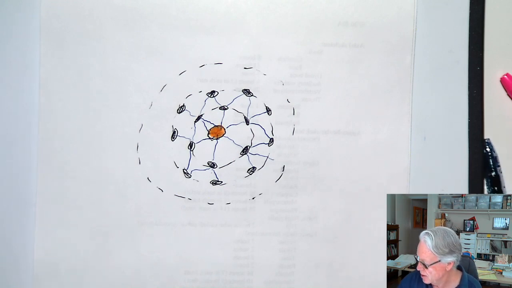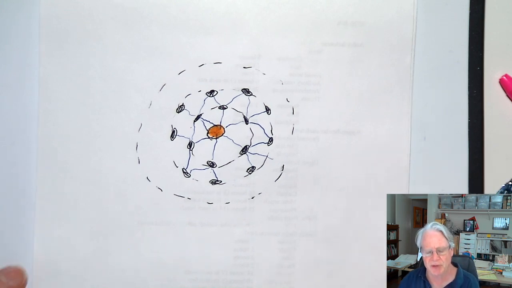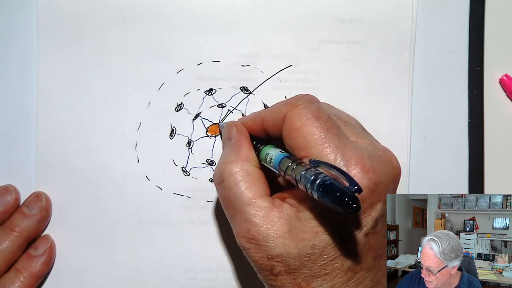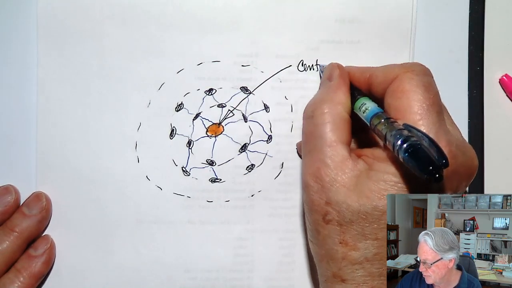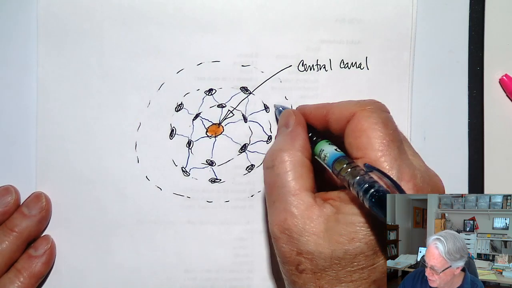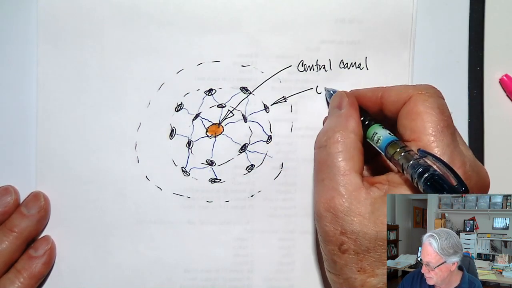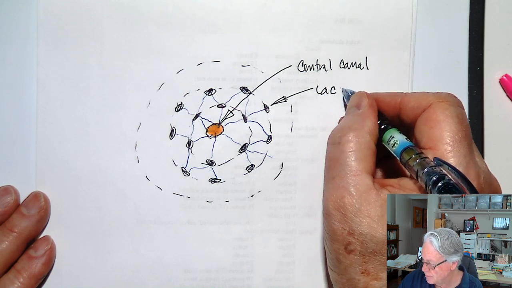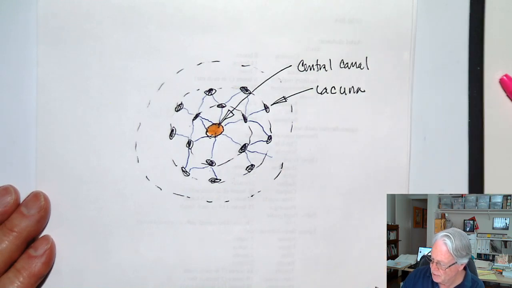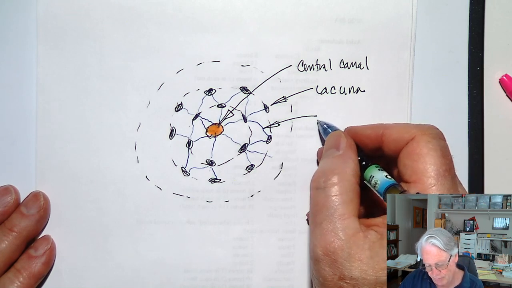All right, so we're not seeing the perforating canals. I'll show those in a second, but we do know that that right there is the central canal. We also know that these structures here are the lacuna. We also know that these structures right here are the canaliculi.